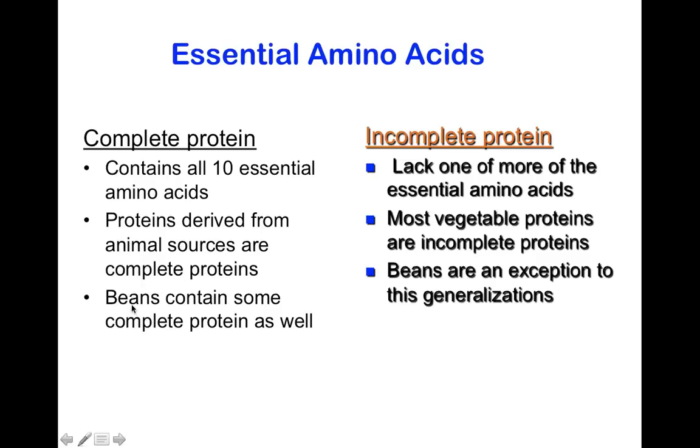One exception is that beans on the plant side contain some complete protein as well. Alright? Now the incomplete proteins, that is when the protein source lacks one or more of the essential amino acids. And that's very common when we look at most vegetable proteins. They are incomplete proteins. Alright, with the exception being beans, right? Beans tend to have a complete set of all the amino acids, alright?